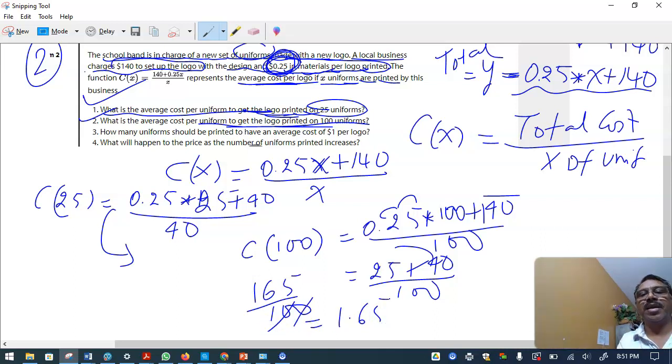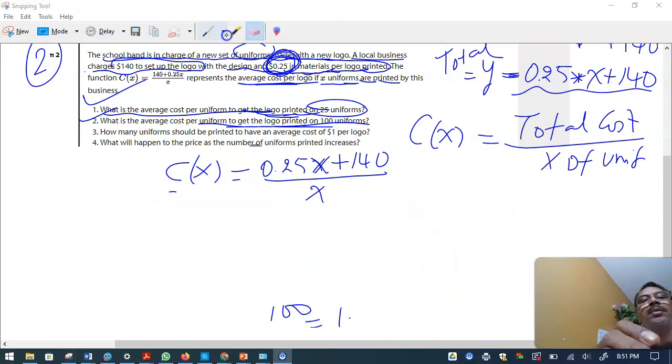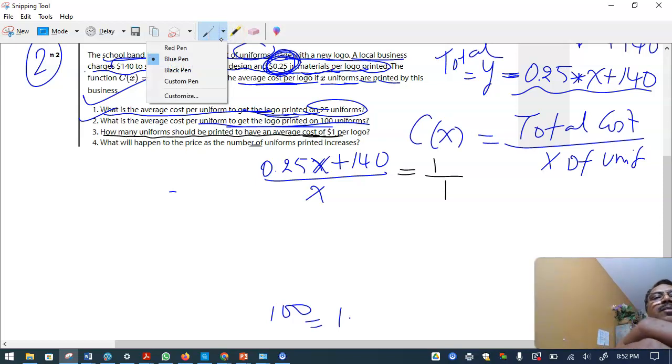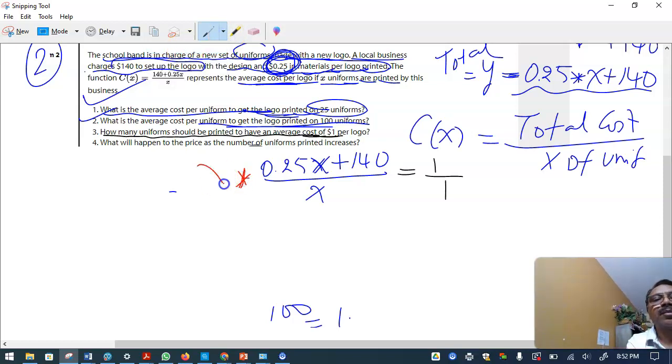So sometimes you don't even need a calculator. The next question asks how many uniforms should be printed to have an average cost of $1. That means the average cost is equal to 1. So you just put it equal to 1, which is 1 over 1. So all you do is multiply both sides by x.